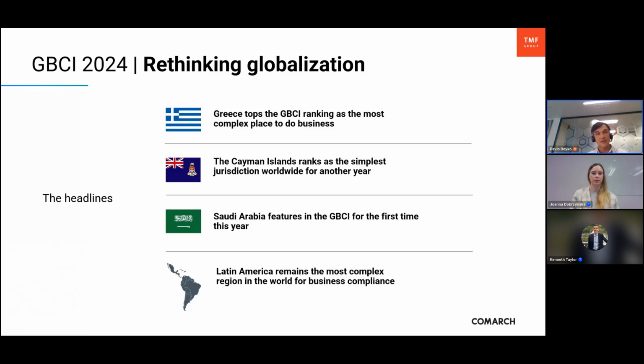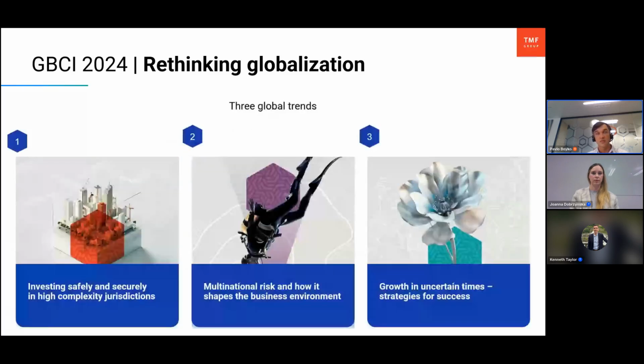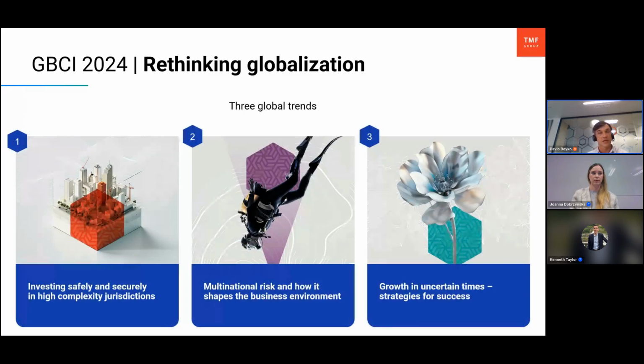So in the next slide, you will see the themes of this GBCI, Global Business Complexity Index report. Investing safely, multinational risks, and strategies for success. And those three topics that are coming from the report are very similar to what we're going to discuss today with regard to e-invoicing.